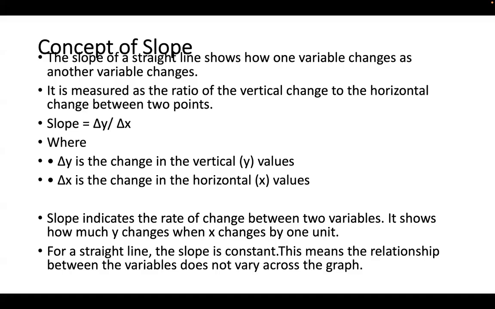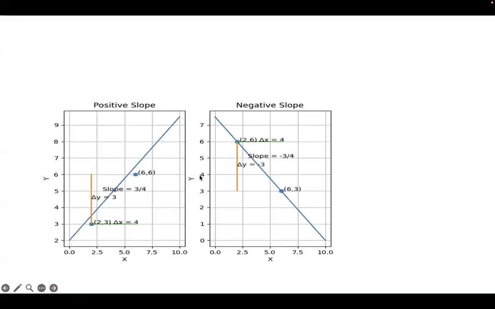So when the change is constant, you have a constant slope. Then you have a positive slope when you divide the change in the y-axis over that of the x-axis and you get a positive number.